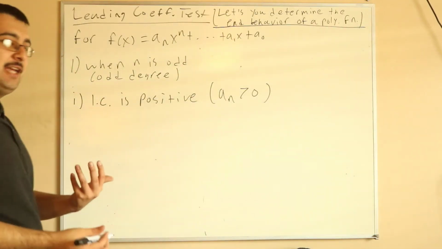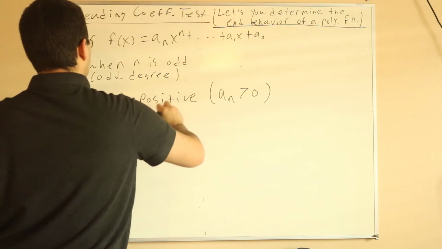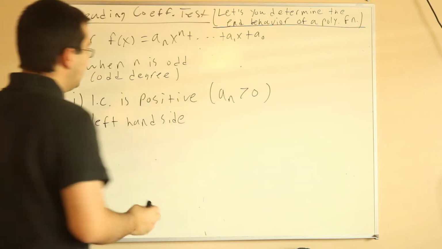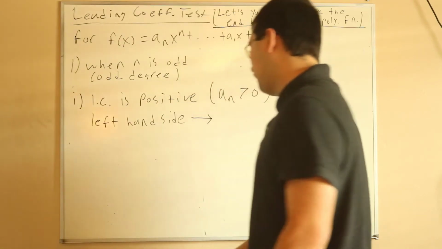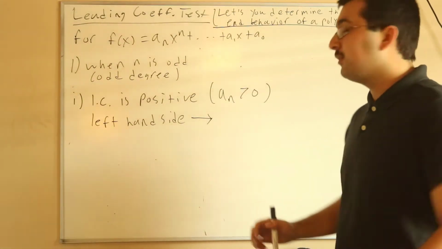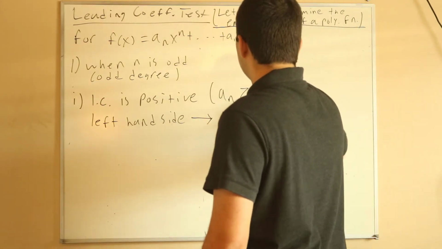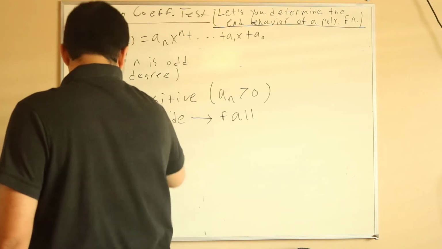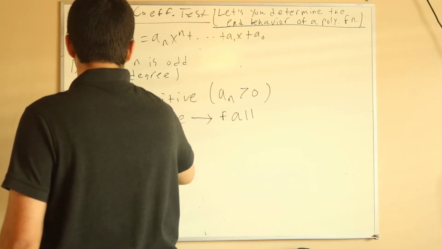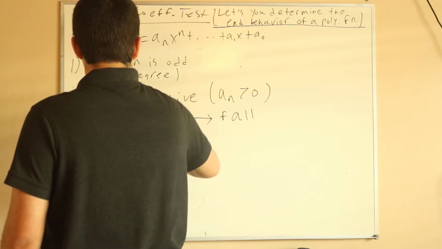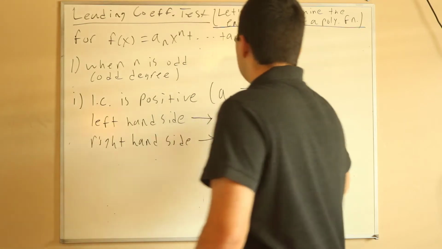So for the left-hand side, your graph is going to fall forever. And for the right-hand side, your graph is going to rise forever.